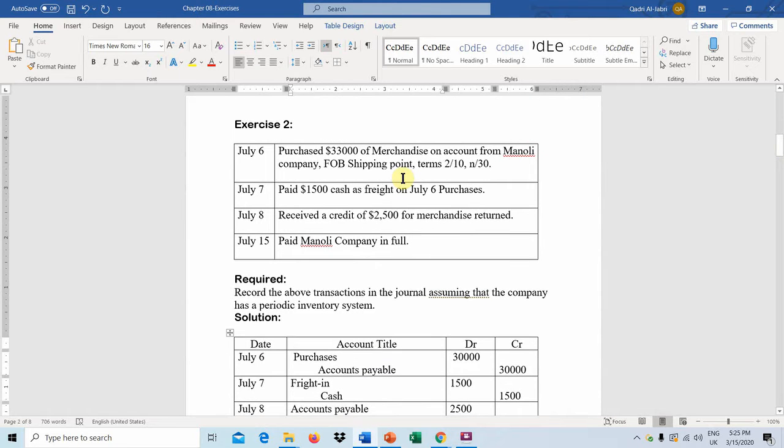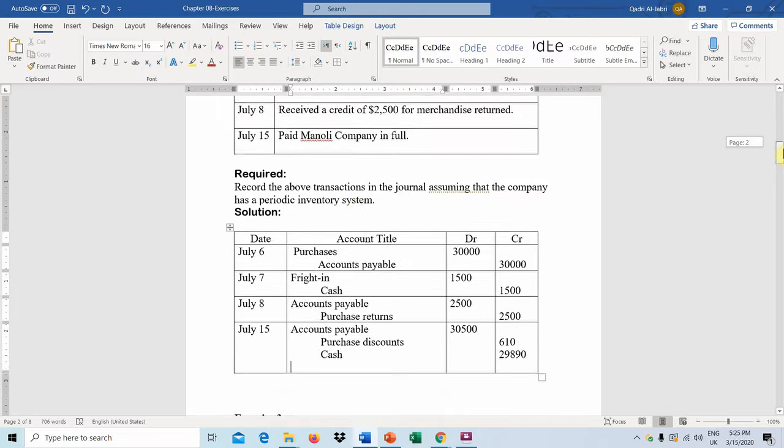We will use different accounts to account for inventory. So we will use purchases for purchases, the freight account for the freight, the purchase returns account for the purchase return transactions, and purchase discounts for any purchase discounts that we got.